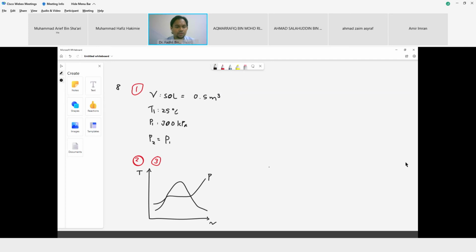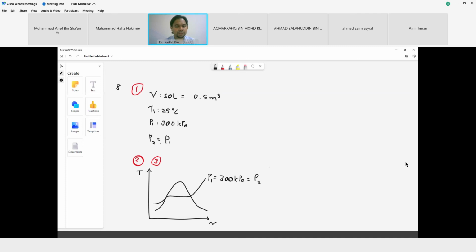Temperature 25, we cannot put yet, but pressure 300, we can put it here. P1 is 300 kilopascal, and this 300 kilopascal is actually the final pressure as well, P2.